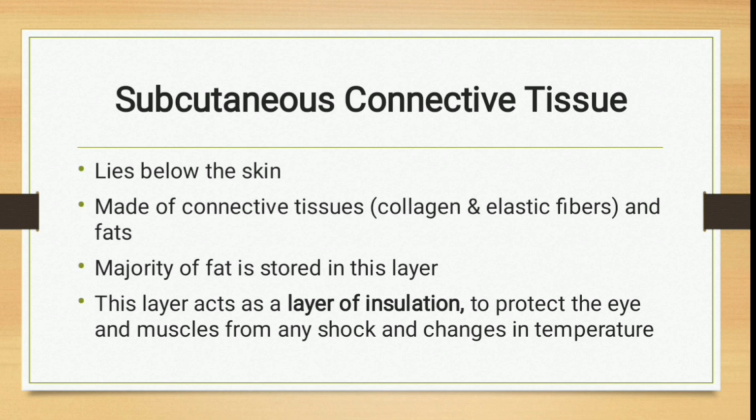The importance of this layer is that it acts as a layer of insulation, right? So it protects the eye and muscle from any change in temperature and any kind of shock. What is the purpose of fat? It acts as an insulating layer. Whenever there is a fatty layer in any part of the body, it protects the body from changes in temperature.